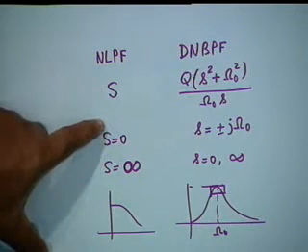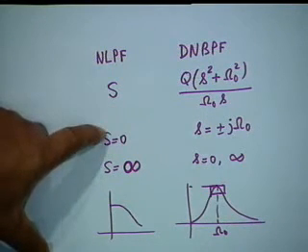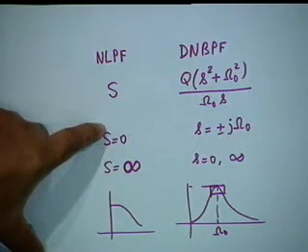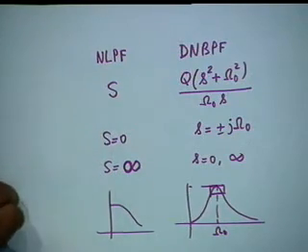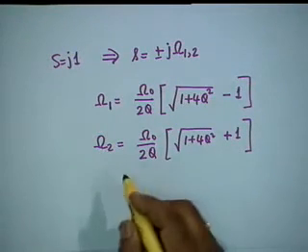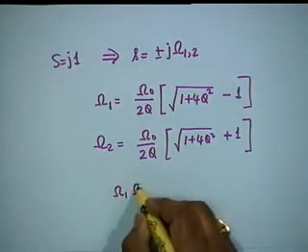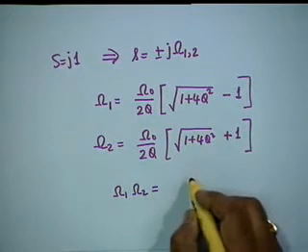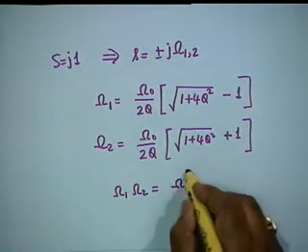And this statement, this result is unique. It cannot be any other frequency. Okay, but the interesting thing is that the product of the two is omega naught squared.